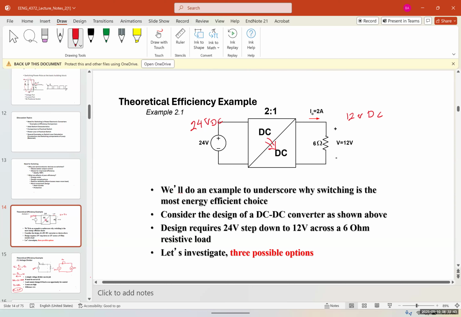Based on your knowledge, what is the simplest way that I can convert and step down a 24 volt DC to a 12 volt DC?